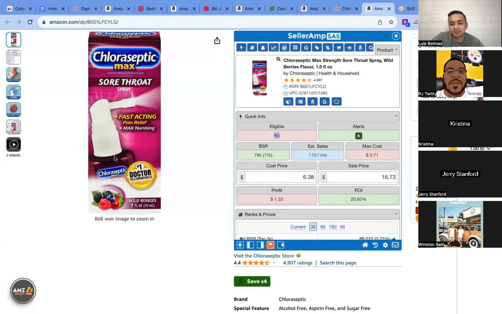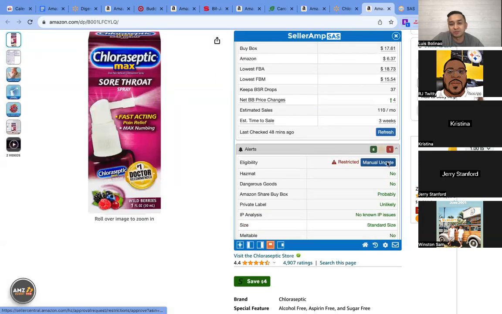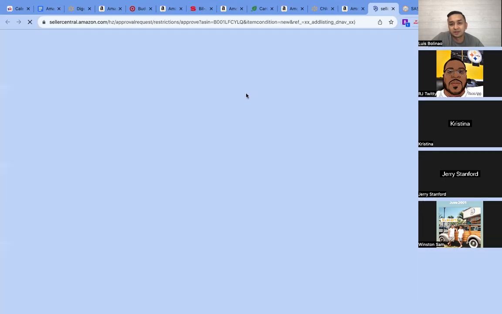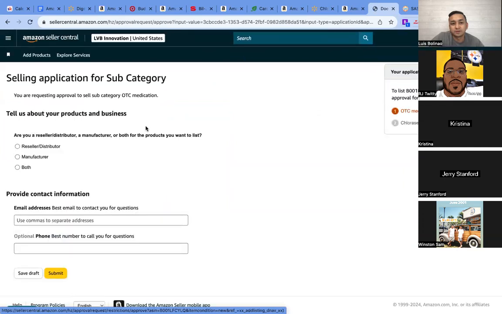So you can also do this. If you see no here, you can go here on eligibility and then click on manual and gate, and then press approval. And if you provide this information to Amazon, you can sell the product.